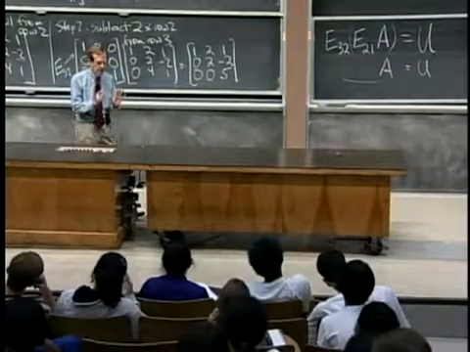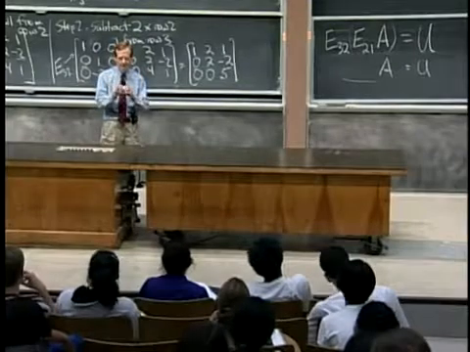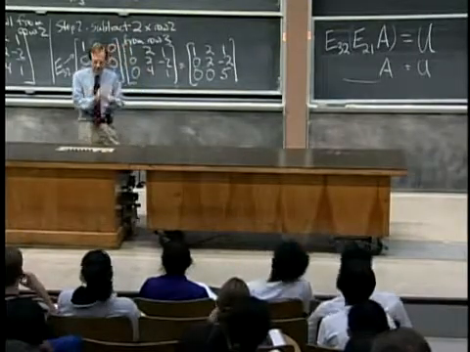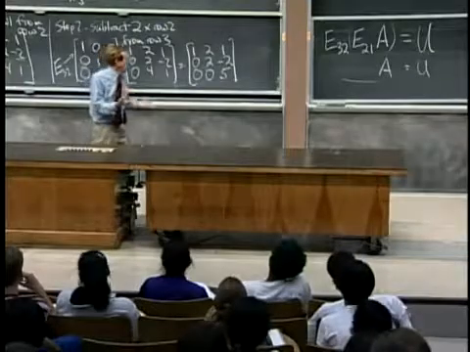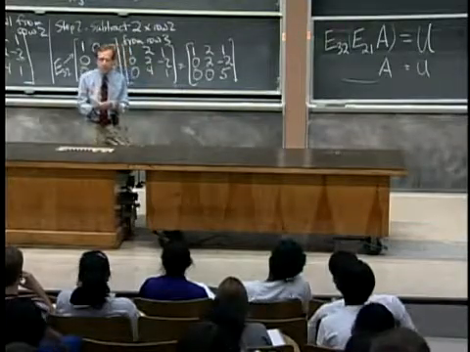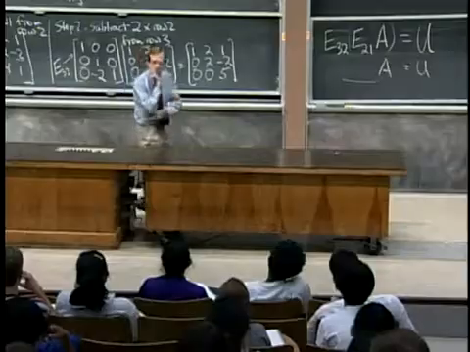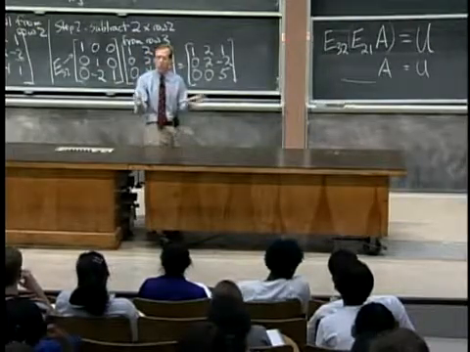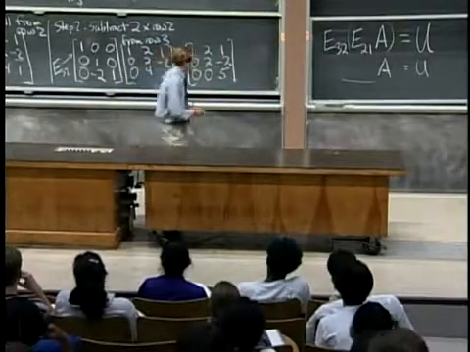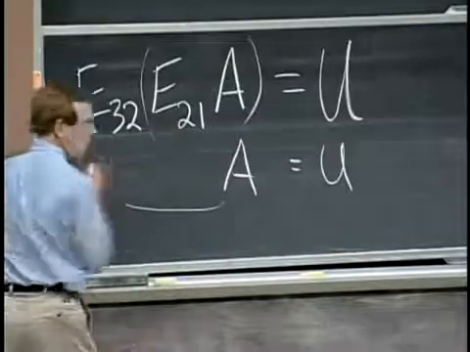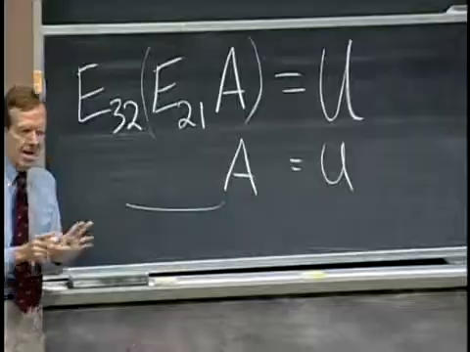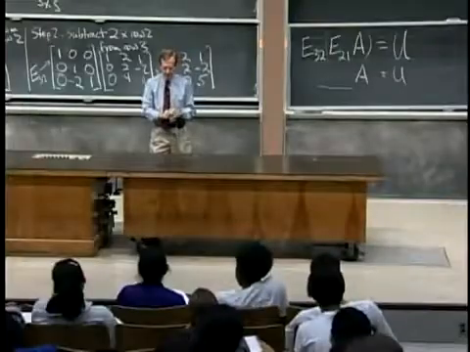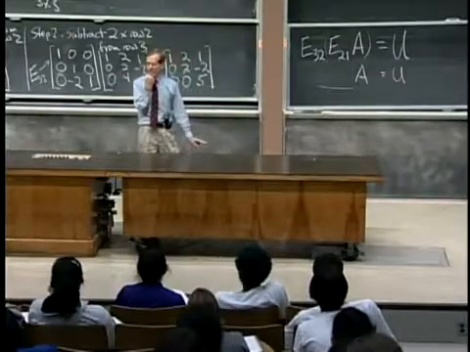So the answer is simple. I'm not asking this, but it's highly important. How would I create the matrix that does the whole job at once, that does all of elimination in one shot? I would just put these together, right? I can move those parentheses.